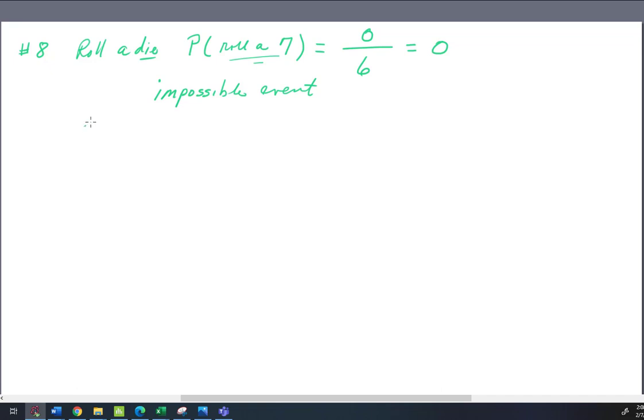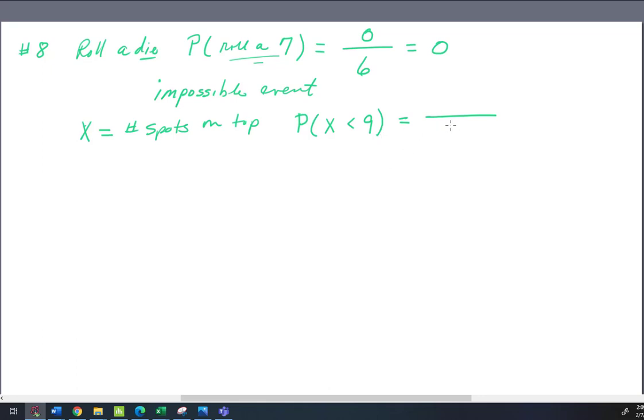What if we let x equal the number of spots on top, and then ask the question, what's the probability when I roll that die that X is less than 9? Well, again we can use the classical definition.